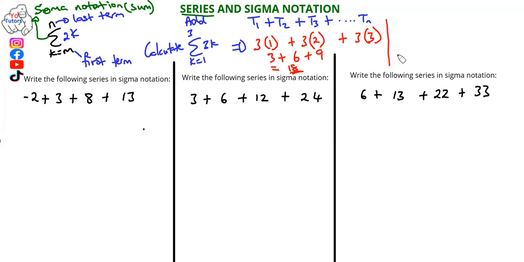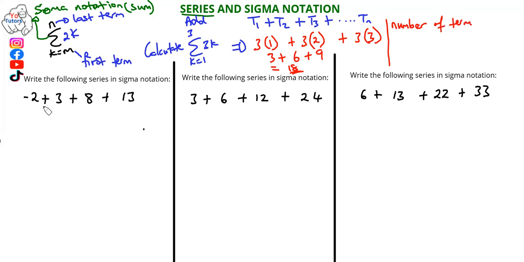Another thing that you also saw in sequences is that sometimes they were asking us to find n, which is the number of terms. How do we get the number of terms?